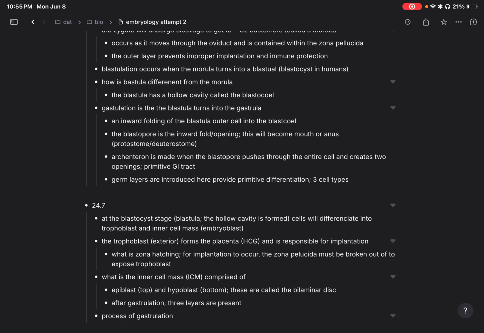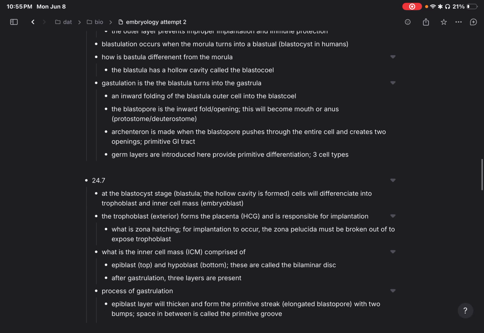So that's what zona hatching is. For implantation to occur, the zona pellucida must be broken out of to expose the trophoblast, and that is the important fact about the zona pellucida.